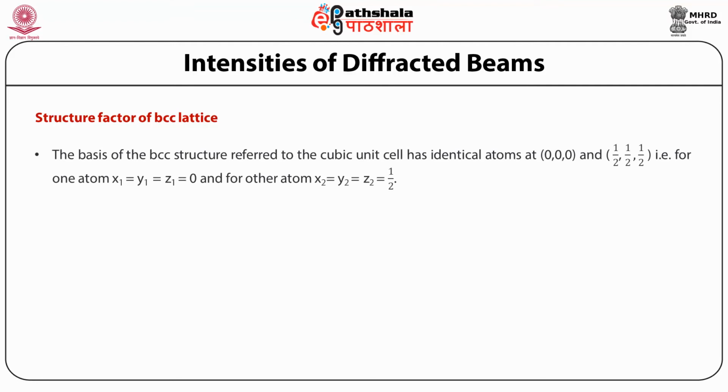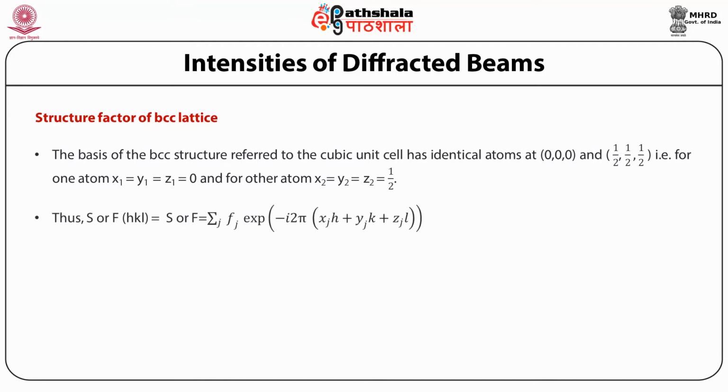The basis of the BCC structure referred to the cubic unit cell has identical atoms at 0, 0, 0 and 1/2, 1/2, 1/2. That is, for one atom x1 equals y1 equals z1 equals 0, and for the other atom x2 equals y2 equals z2 equals 1/2.